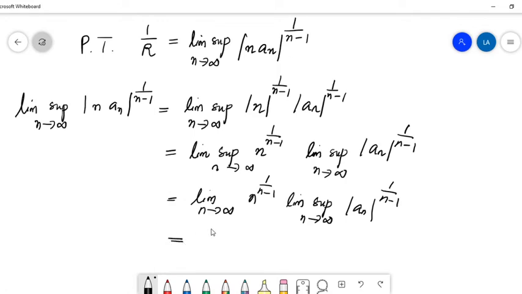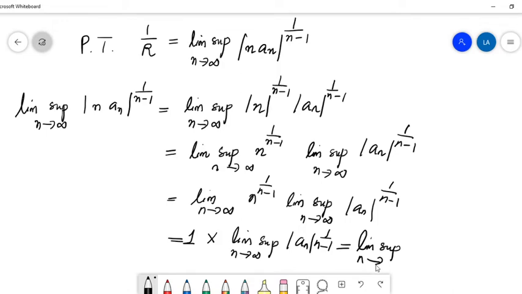Now we had proved that the limit as n tends to infinity of n raised to 1 by n minus 1 is equal to 1, and so the limit supremum of modulus of a_n the whole raised to 1 by n minus 1.